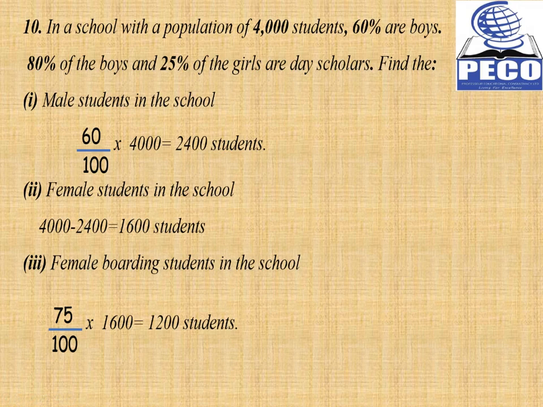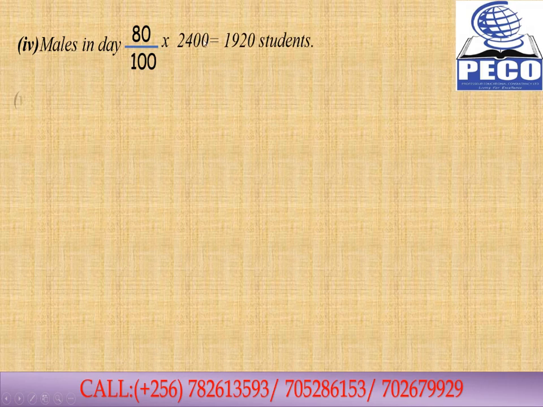And that gives us 1,200 students. Now, males in day. We said that the percentage of boys who are in day was 80 out of 100 times the number of boys. And that gives us 1,920 students. How about females in day?